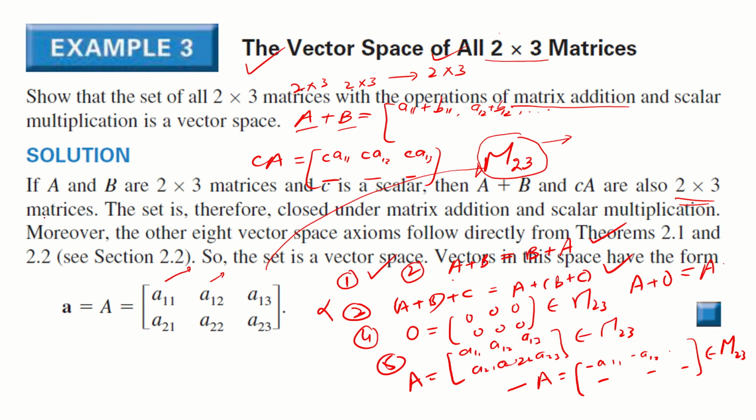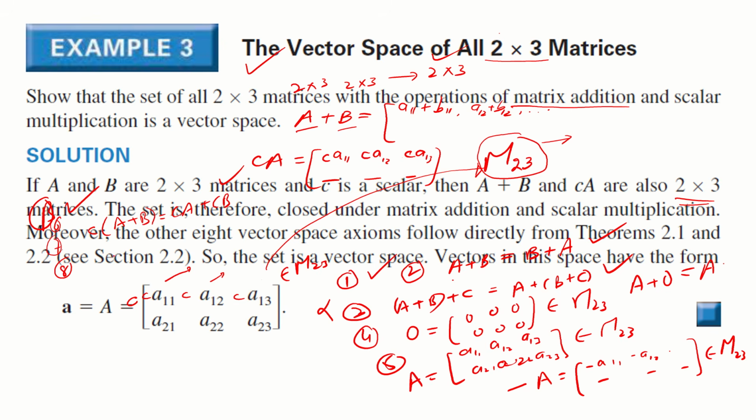Similarly, in case of beta conditions, if you multiply this matrix with a scalar C, you will get CA11, CA12, CA13, that also belongs to M23. So that condition is satisfied. This is condition number 6. Then condition number 7 was, if you multiply C with A plus B matrices, that is CA plus CB as well. Condition satisfied.